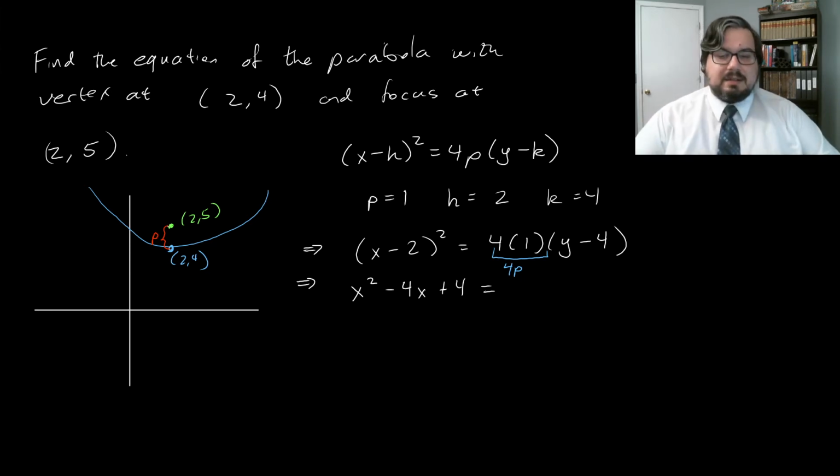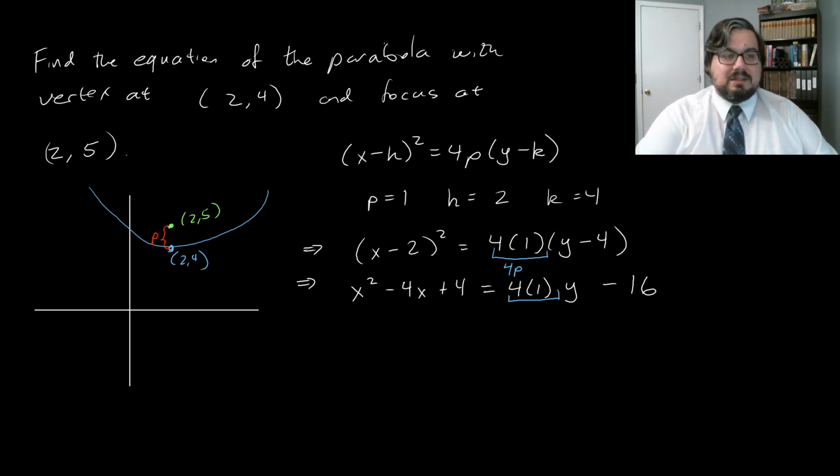So we get 4 times 1 y minus 4 times 1 times negative 4, which I'm just going to write as 16. I'm only going to keep track of the 4p that's sitting here as a coefficient of the y.